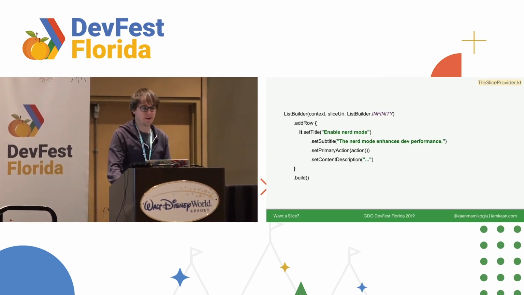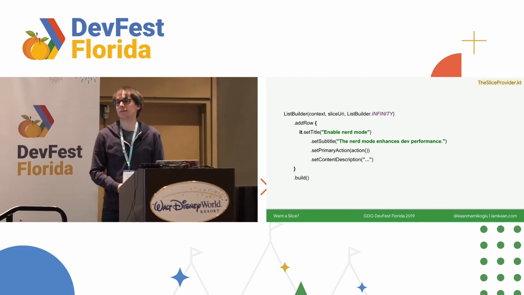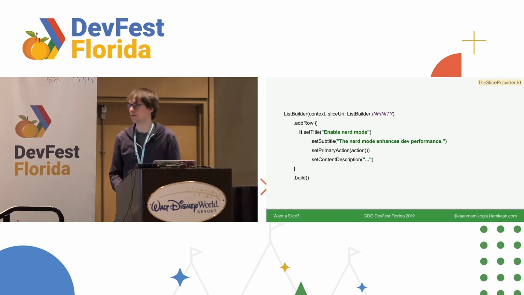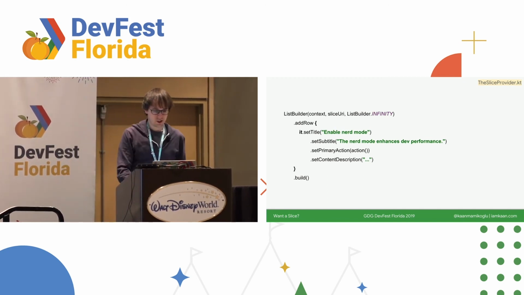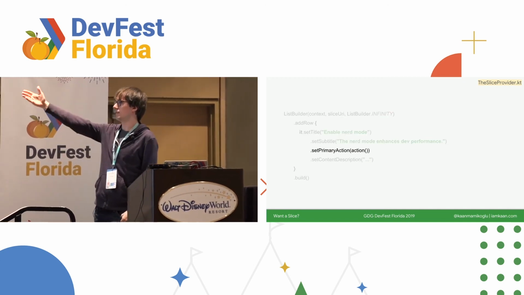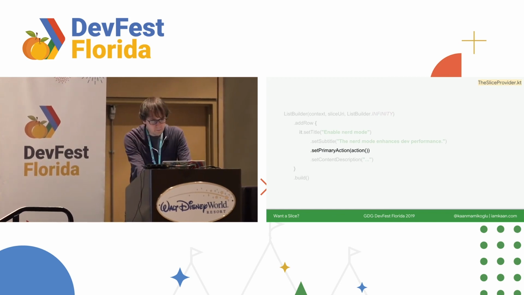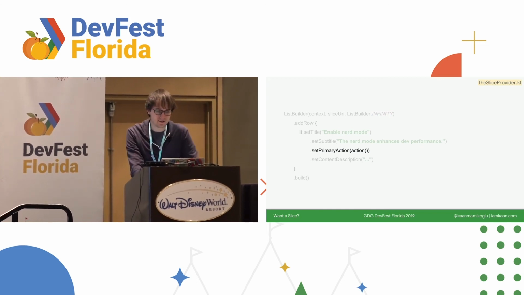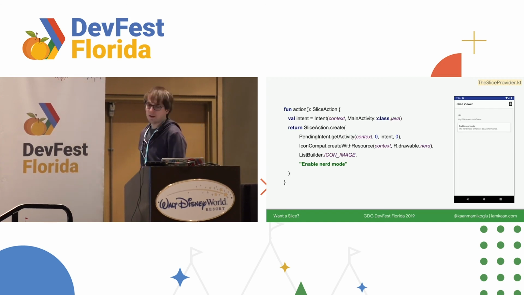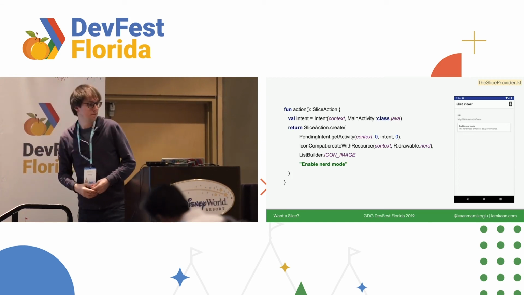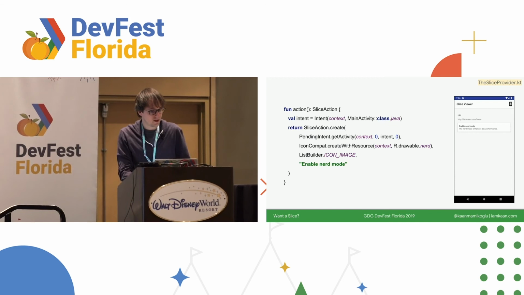And then you can make your slices actually interactive. So they are not just to show information, but also do stuff. How do we achieve this? We add a primary action to, in this case, the first row. The set primary action method takes a slice action parameter, and that has a builder, so you can just use the builder to create one.